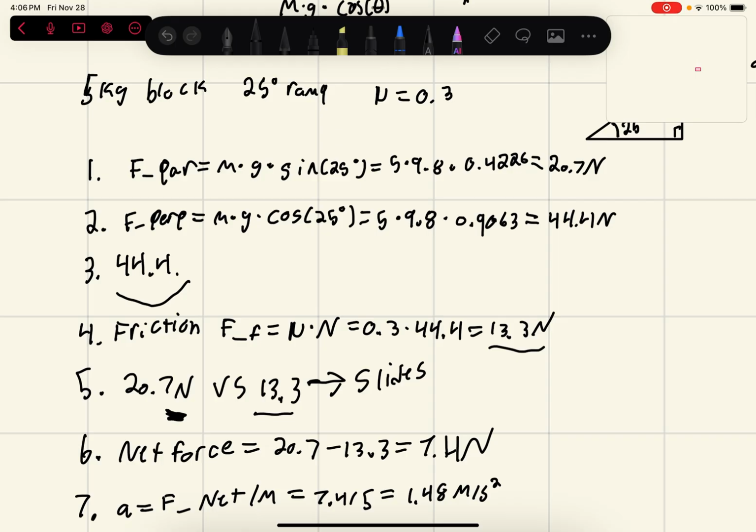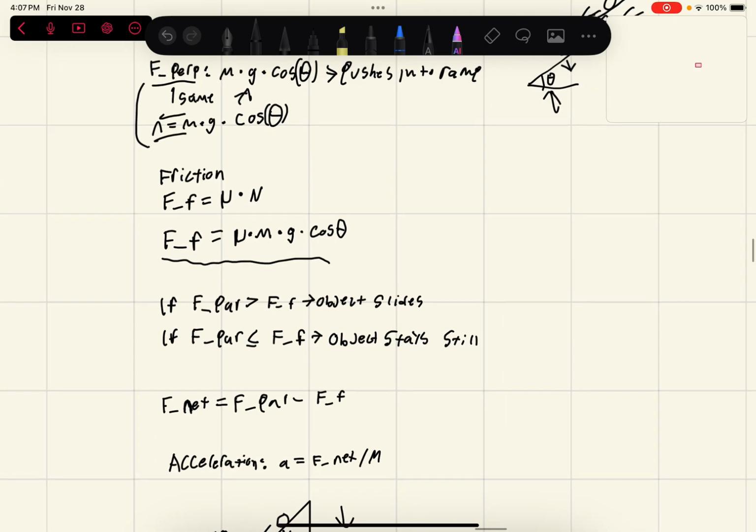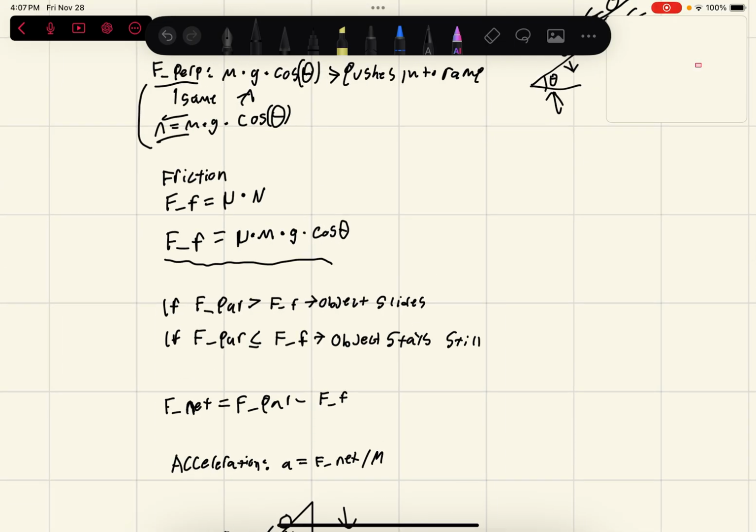You find everything. And for comparing it to determine whether it slides or not, you get the friction parallel and compare it to the friction. If we look back up here, if the force parallel is greater than F little f, it will slide.